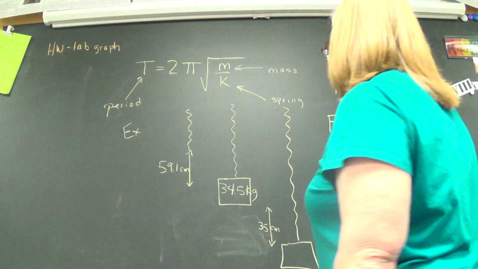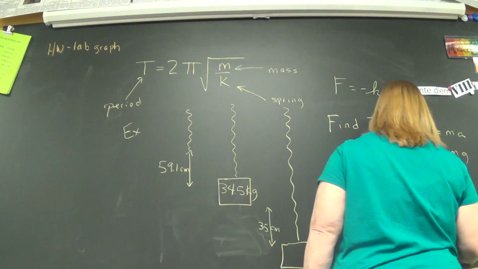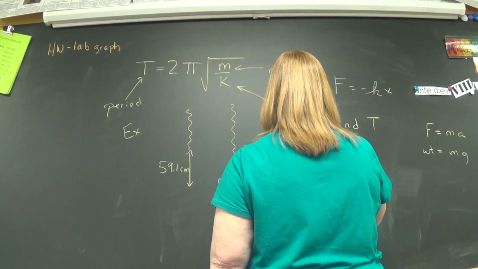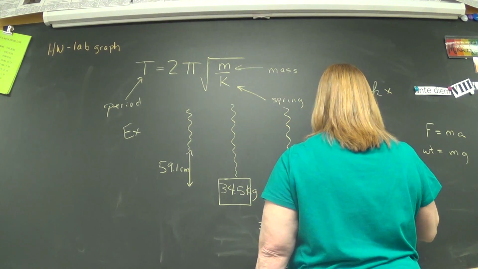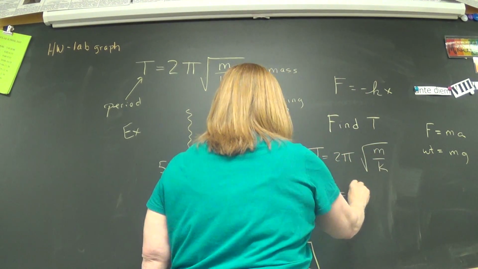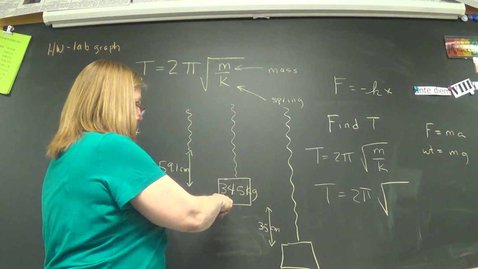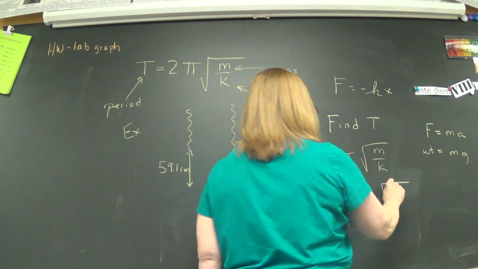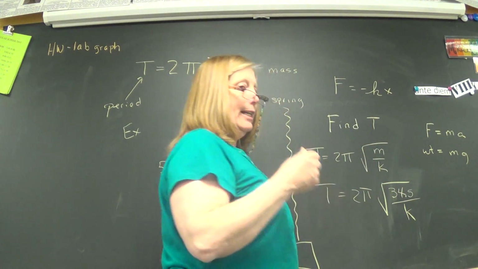So we grab the formula from right up here, and we get T equals 2 pi square root of m over k. So we're looking for T, 2 pi. The mass of the system is 34.5, so that goes under the square root. And we have to go somewhere else to find K.